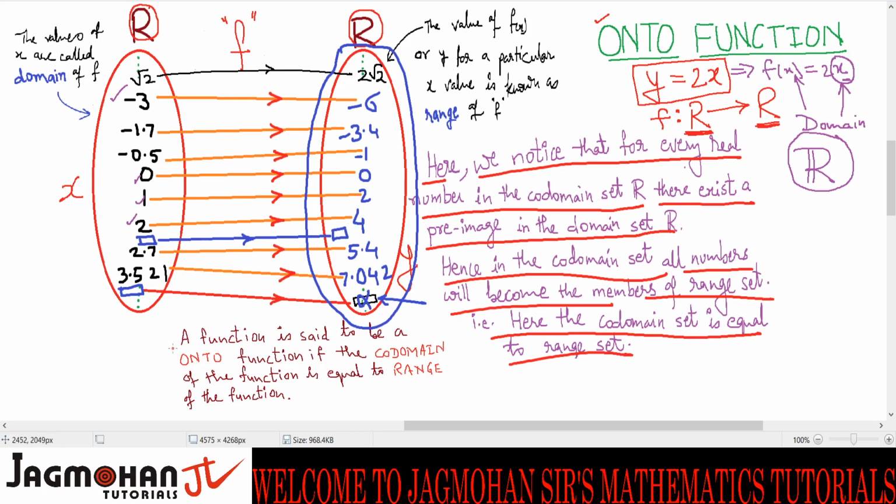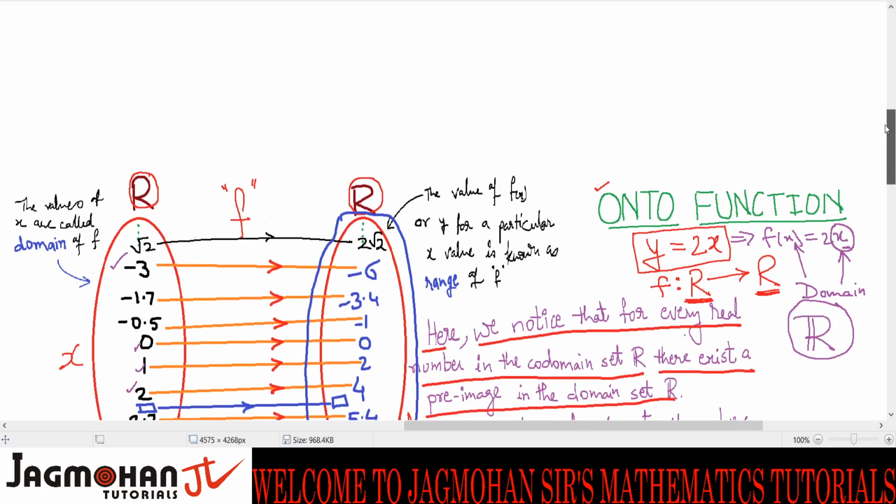So we will define the onto function. A function is said to be an onto function if the codomain of the function is equal to the range of the function. If the codomain and the range are equal for a function, then such a function is known as an onto function.